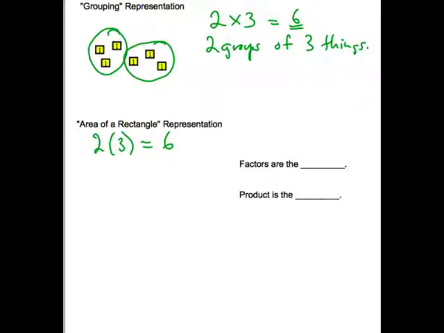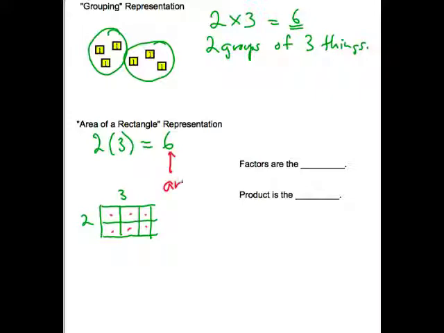Another way to represent multiplication is through the area of a rectangle. If I have a 2 by 3 unit rectangle, 2 units, 3 units, the area of that rectangle will be 6 units. You can see the 6 squares.